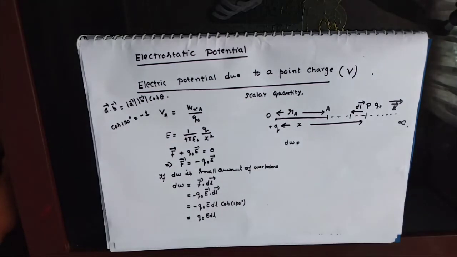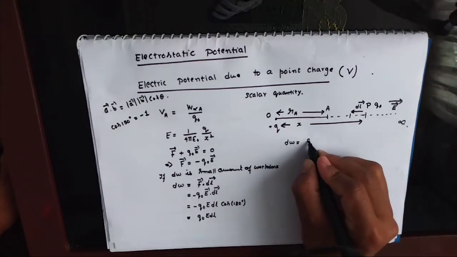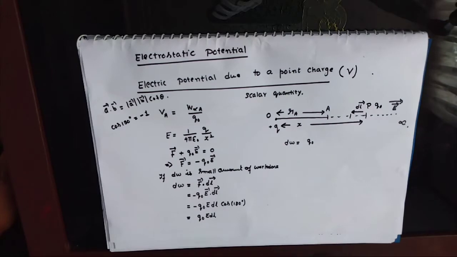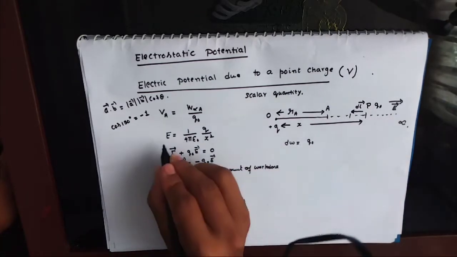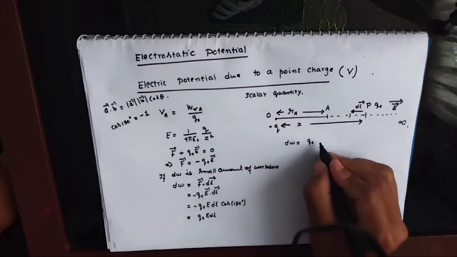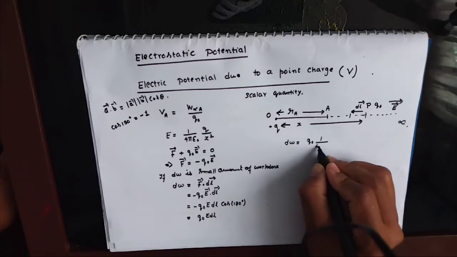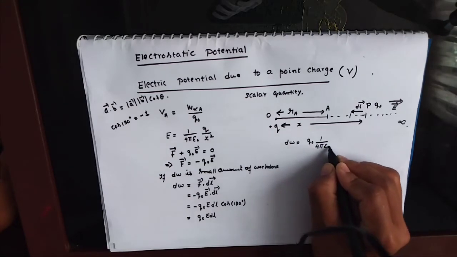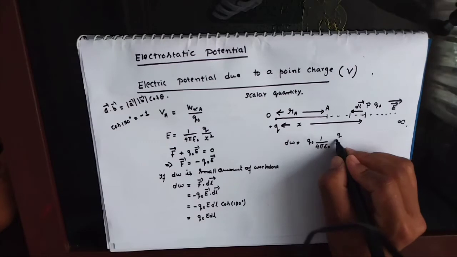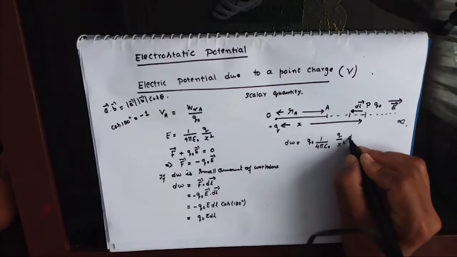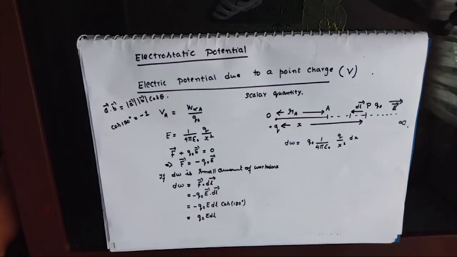dW is equal to Q naught, and instead of E I will put the magnitude of the electric field at point P, so 1 by 4 pi epsilon naught, then Q divided by x square, dl.